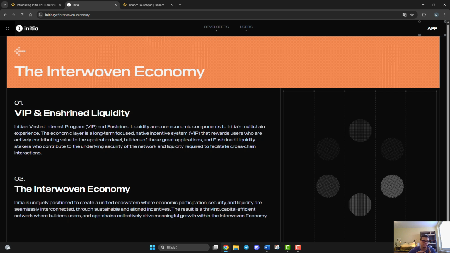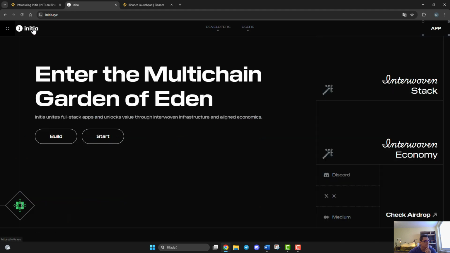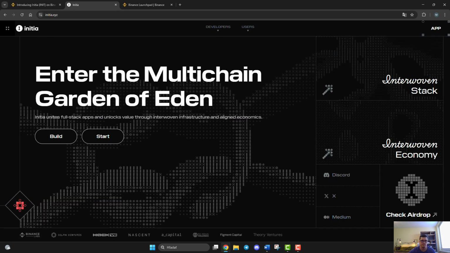Again, to wrap up, the main goal of the economy is to prevent fragmented economic islands and instead create a dynamic, integrated economy where growth in one part of the system benefits the whole.